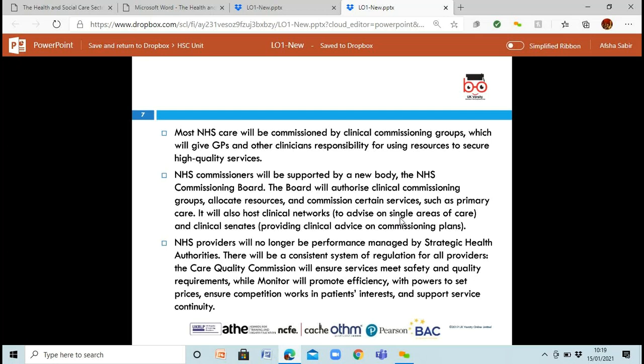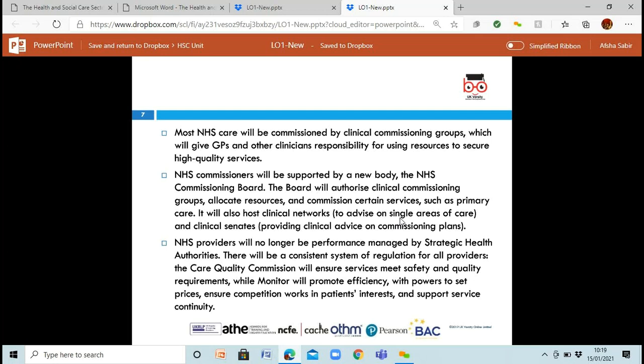Now, this board authorizes clinical commissioning groups, it allocates resources and commissions certain services like primary care. It also has clinical networks and clinical senates where they're advising on single areas of care, or advising on commissioning plans. So there's quite a few things that are detailed within this.